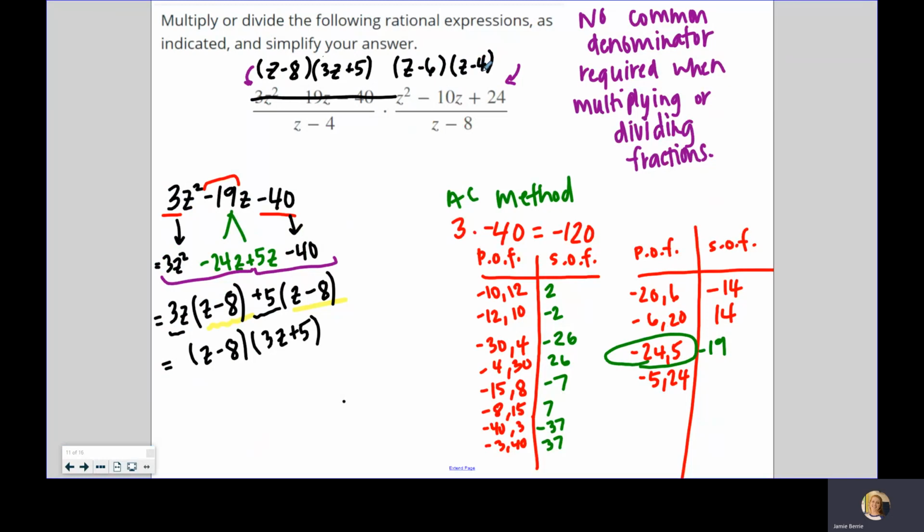So negative 6 times negative 4 is positive 24. Negative 6 plus negative 4 is negative 10. Now you could make a little table for that. If you couldn't do that in your head, that was totally fine. All right, so let's go to the next page and then we'll actually go ahead and multiply these. So let me write it down on my paper so I don't forget what our simplified numerator was.